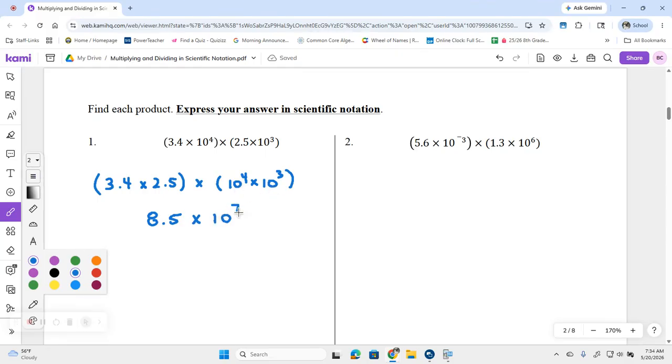We add the exponents and we get 10 to the 7th. 8.5 times 10 to the 7th. 8.5 is less than 10, multiplied by the power of 10, so we're good.